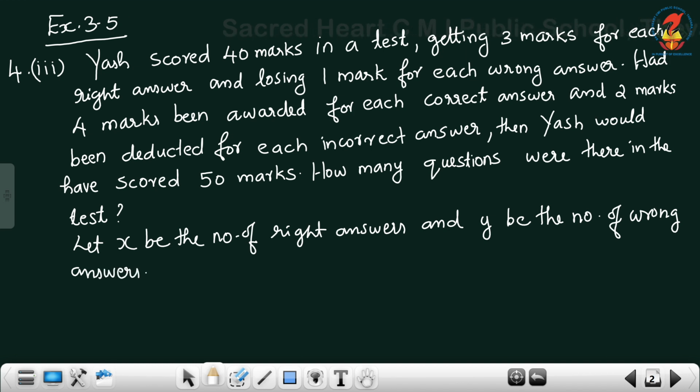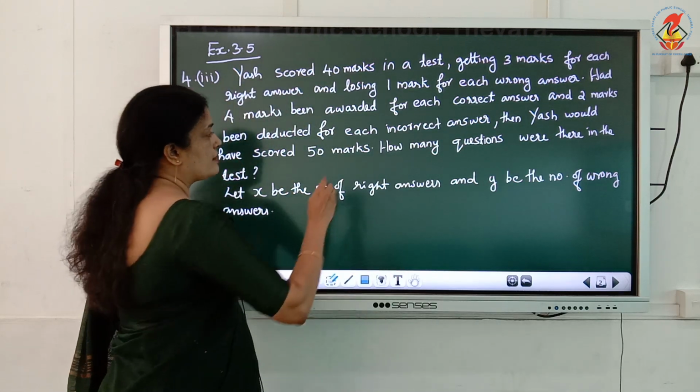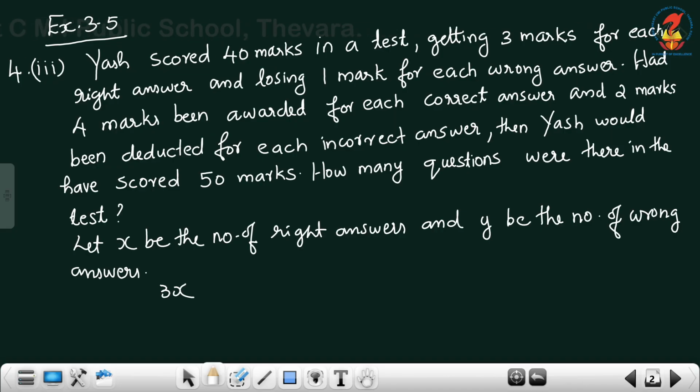This type of question has 2 cases. First case, 3 marks for each right answer, that means 3x. Losing 1 mark for each wrong answer, that is minus 1y equal to 40. This is the first case.